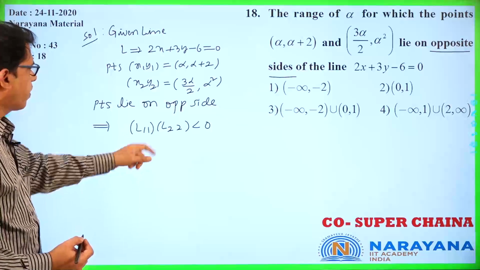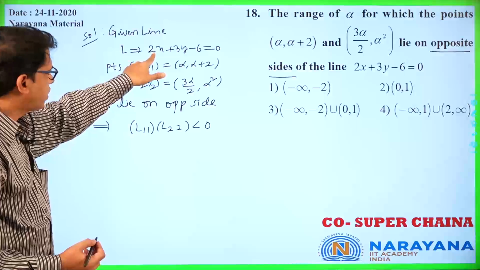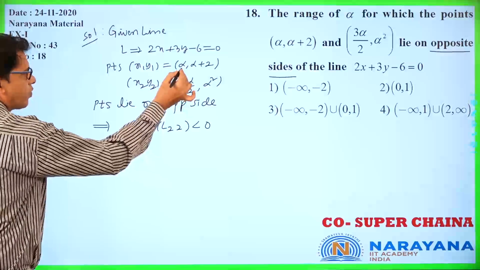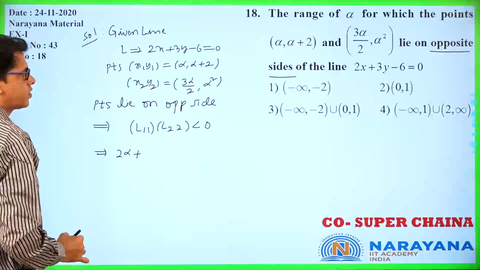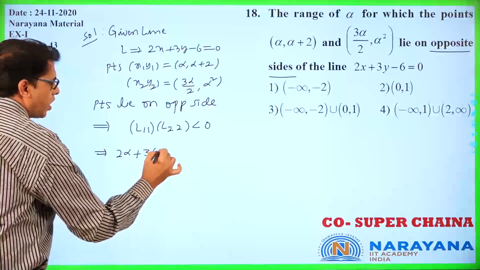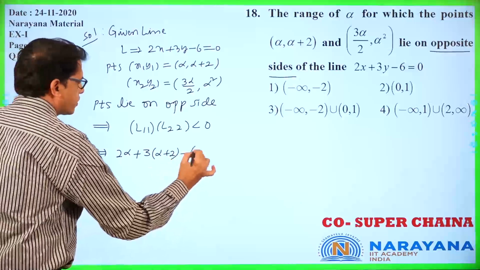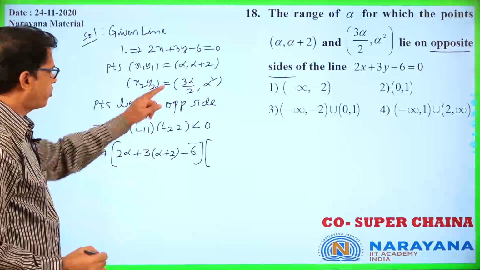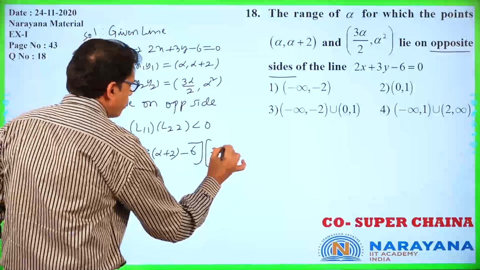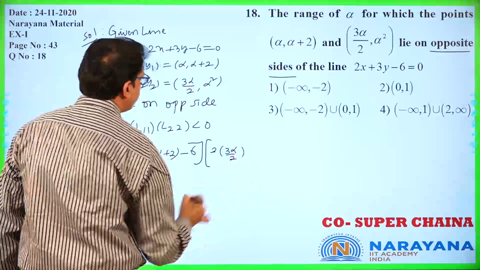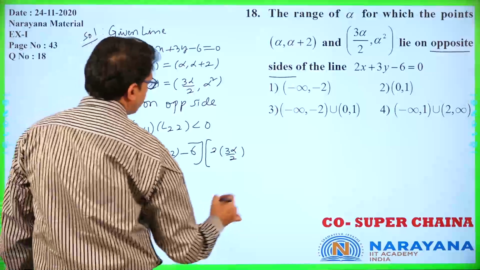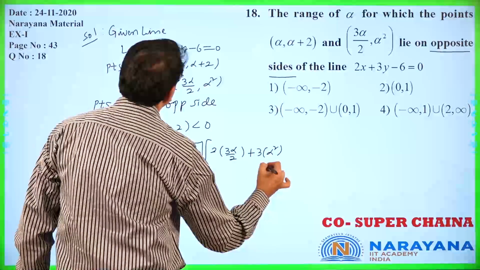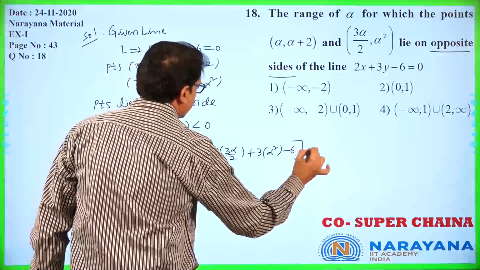L11 means substitute the first point in the line. So 2 into alpha in the place of x, plus 3 into alpha plus 2 in the place of y, then minus 6; this is the L11 value. Then L22: substitute the second point, so 2 into 3 alpha by 2 plus 3 into alpha square, minus 6, less than 0.